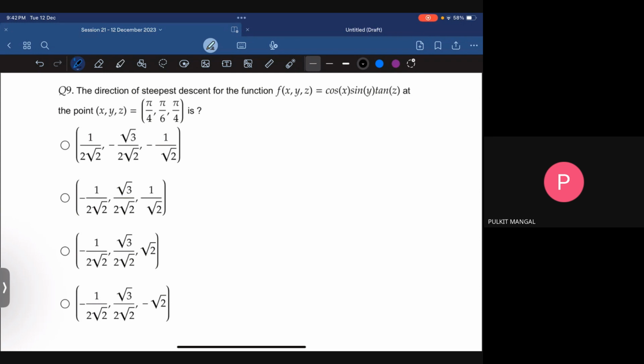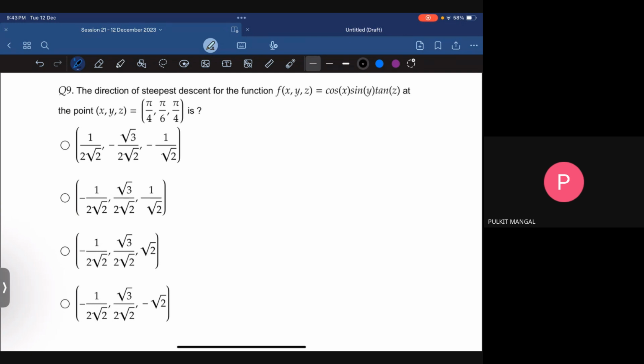Is it in the direction of the gradient or in the opposite direction of the gradient? Opposite direction. Yeah, negative. The steepest descent occurs in the negative direction of the gradient.